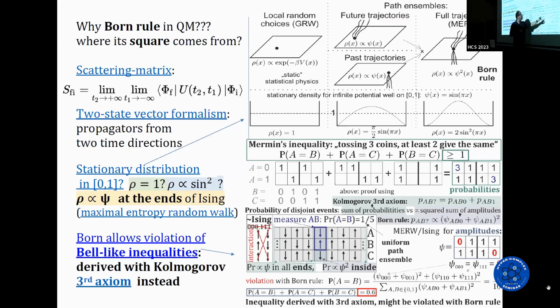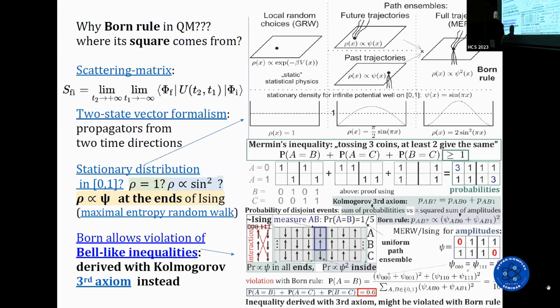So at the end of such an Ising sequence, the probability is 1/6, uniform over the remaining possibilities. But to get some values randomly inside, you need to multiply: you get it twice from the left and right. So we get this Born-rule also in the Ising model from the Boltzmann ensemble, and we get 0.6. We violate this inequality with 0.6.